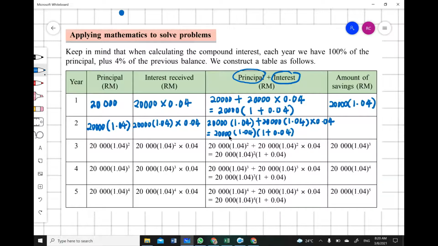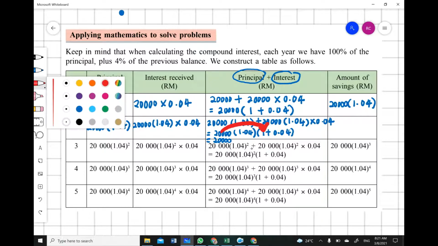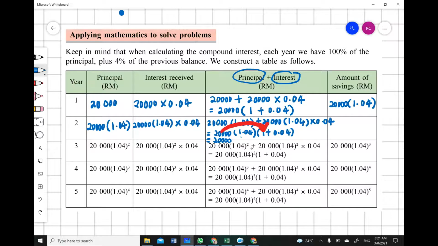Because this is 20,000 times 1.04, and this part here is 1.04 times 1.04 actually, because 1 plus 0.04 is 1.04. So we will have 1.04 to the power of 2. That is 20,000 times 1.04 to the power of 2.